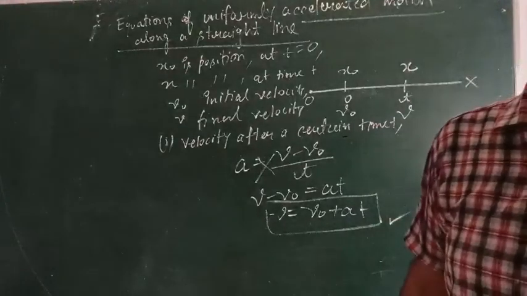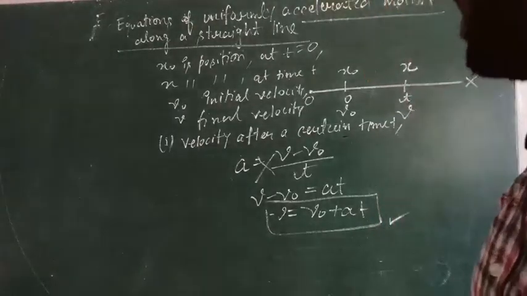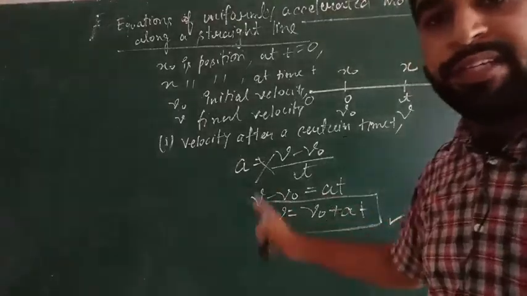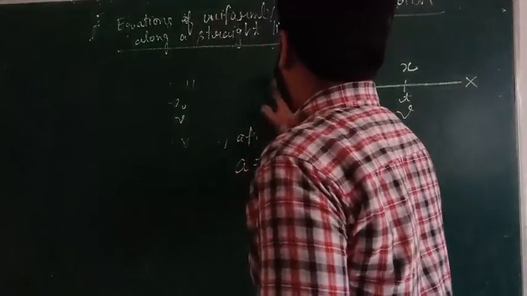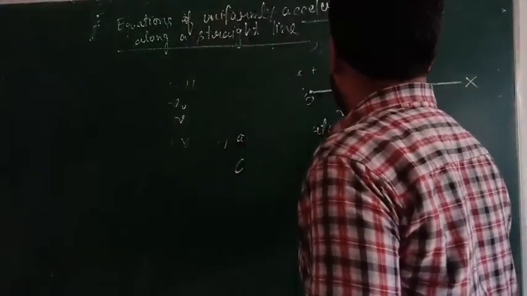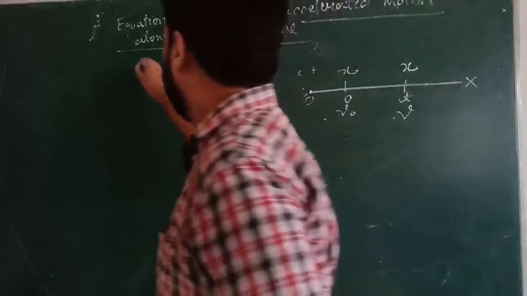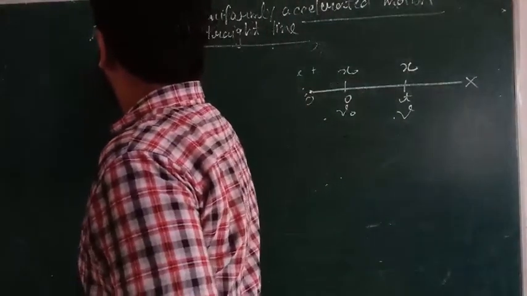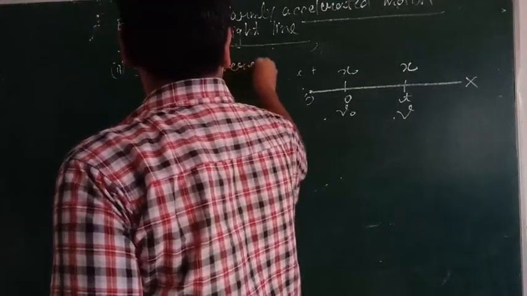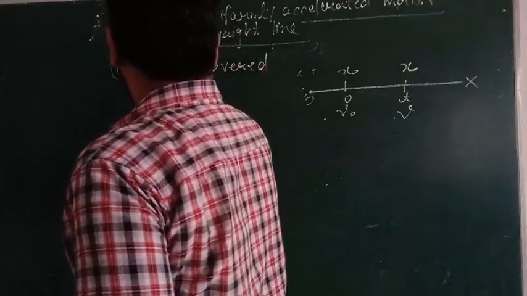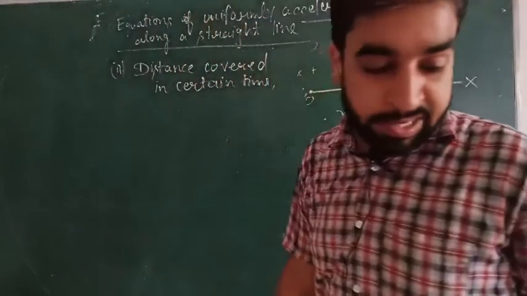Now students, we will calculate the distance covered in a certain time. How to calculate the distance covered in a certain time t? In time t, what is the distance traveled?